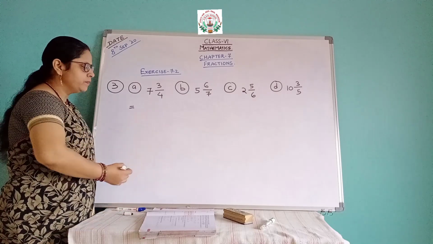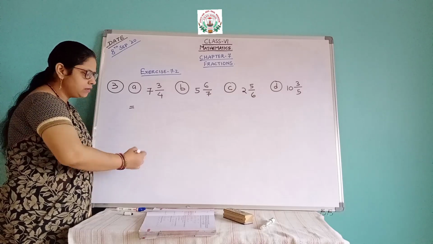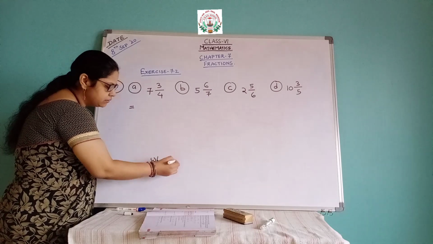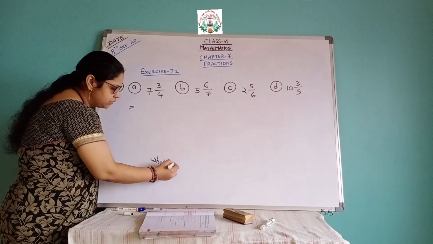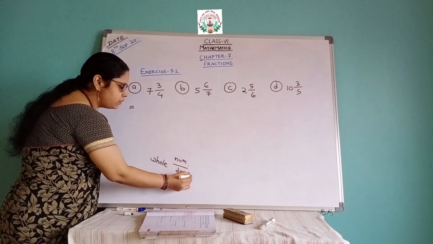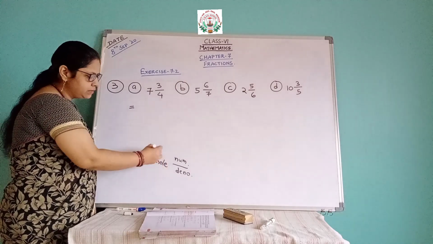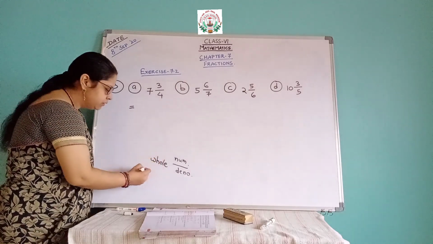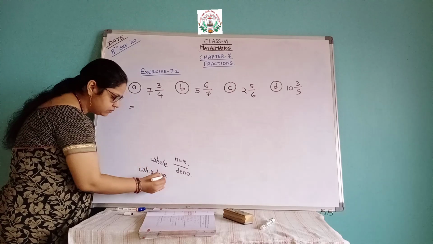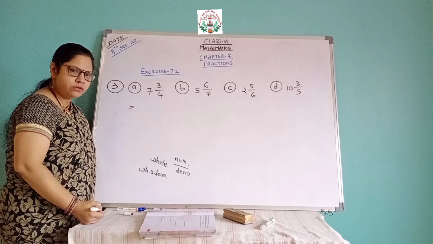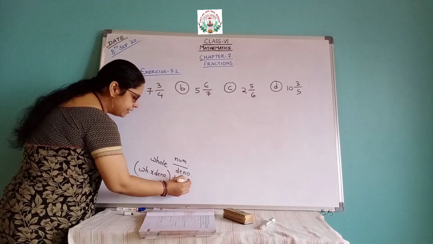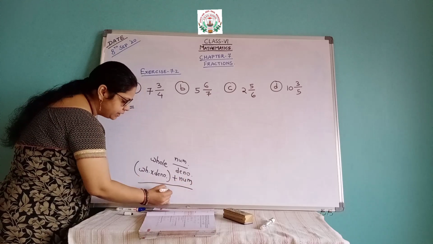So how to solve. First I am writing and explaining in the form that you get the whole number and then a proper fraction, numerator by denominator. So how do we convert this mixed fraction into improper? The denominator will be multiplied by the whole number, the numerator is added, and the denominator will be the same.